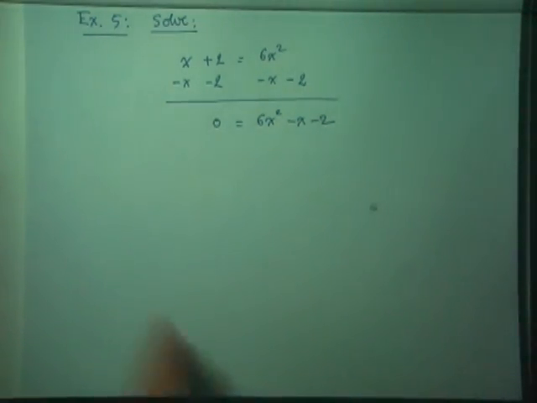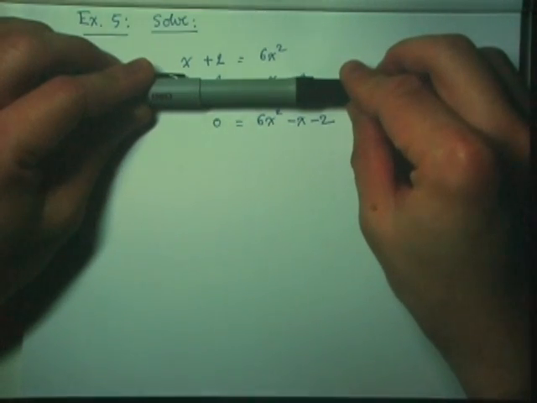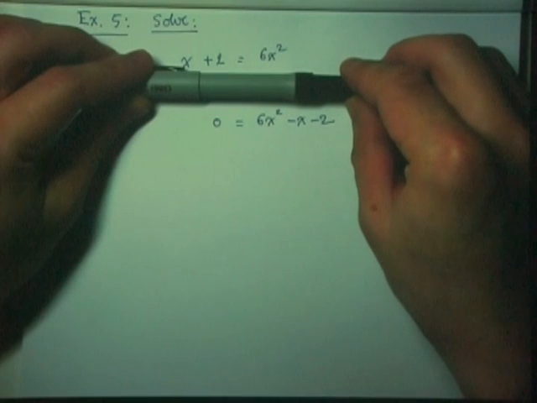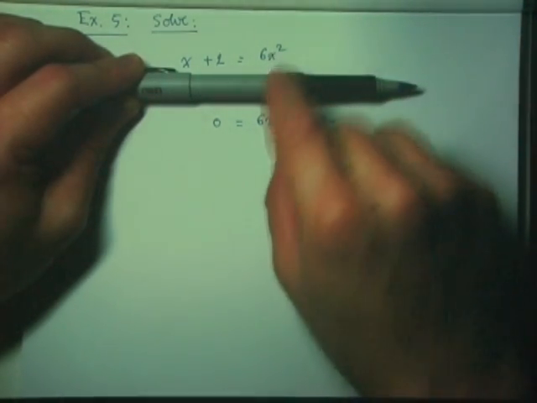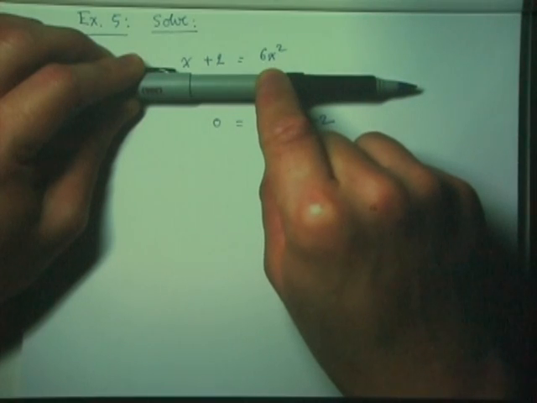Okay, so once again, the whole point is that with our starting equation, x plus 2 equals 6x squared, I still have to move the terms around to leave a 0 on one side. However, the way we're moving it is we want to keep the positive leading term, 6x squared.